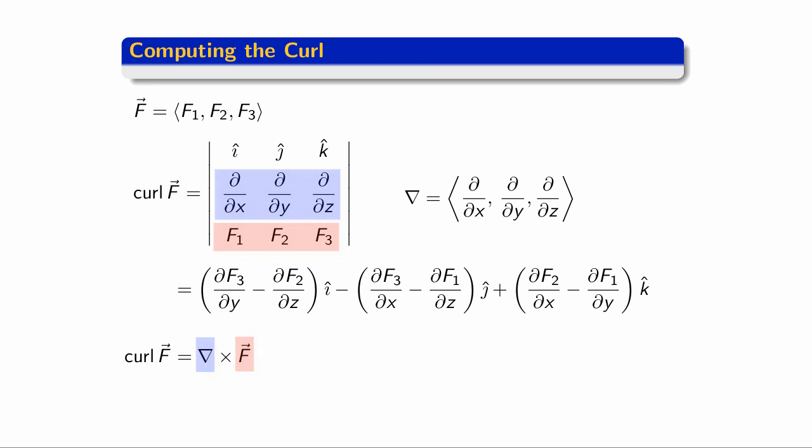I want to emphasize that the curl is not the same as the cross product, just that the calculation follows a similar pattern using a determinant. If we are evaluating the curl at a specific point and we want to highlight that, then we may do so using function notation.